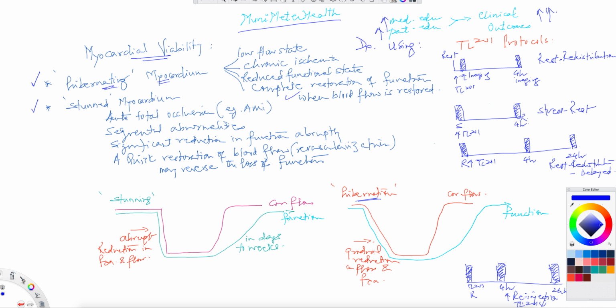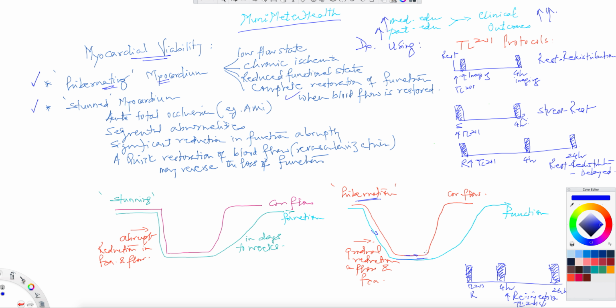The gradual reduction in flow is also accompanied by a gradual reduction of function. So the segments in the left ventricle, the pumping chamber, also get compromised.